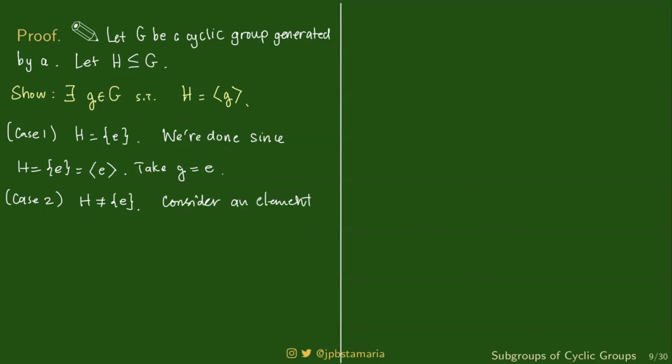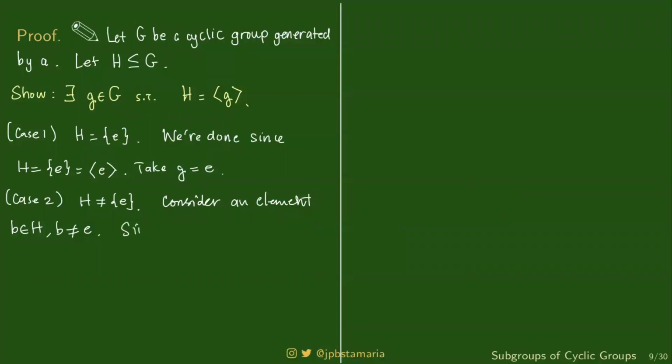Oh, I don't want to use A. Si A nga pala yung generator ng buong group, no? Okay. So, consider now an element, ano ba magandang letter? Naubusan ako letter. An element B in H that is not E. Kasi may element maliban sa E because H is a subgroup, not the trivial one. So there must be another element in H. Let's call it B.